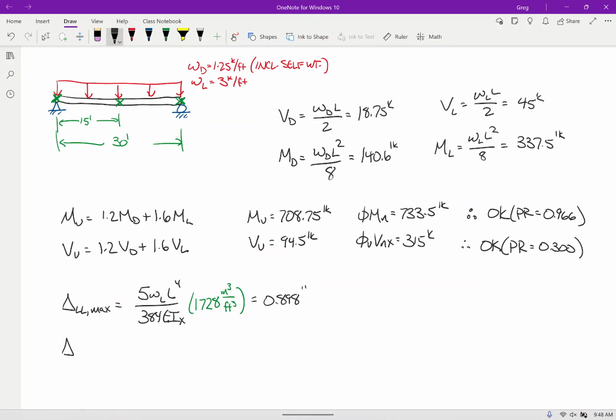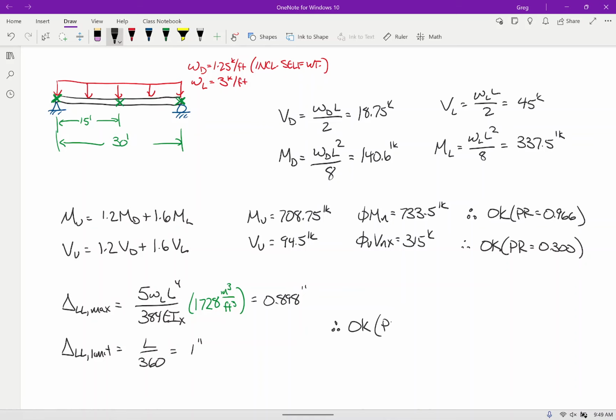And then our limit for this problem was L over 360, which is 1 inch. Because it's 30 foot long, and 30 foot is 360 inches, so if it's L over 360, it can't deflect more than an inch. And it's deflecting 0.898. So are we good here? Yeah.